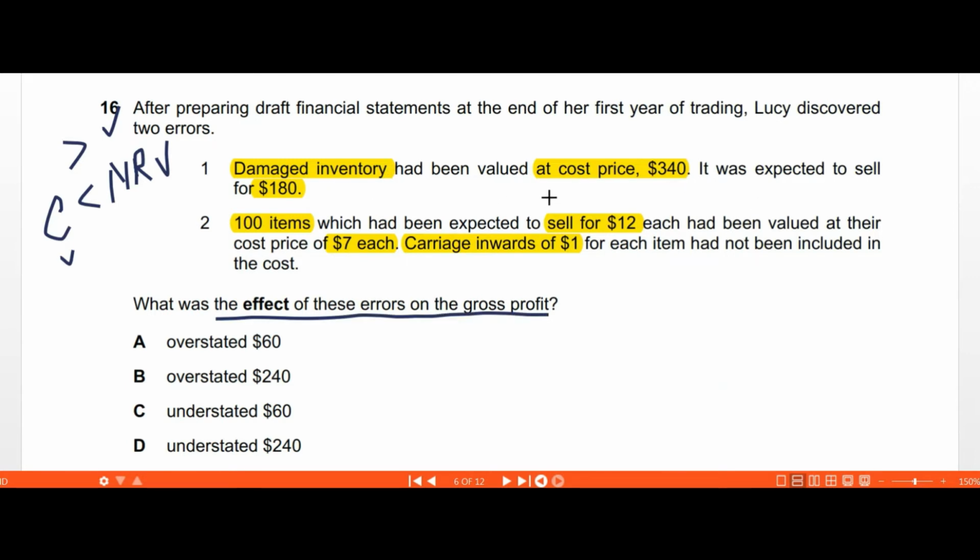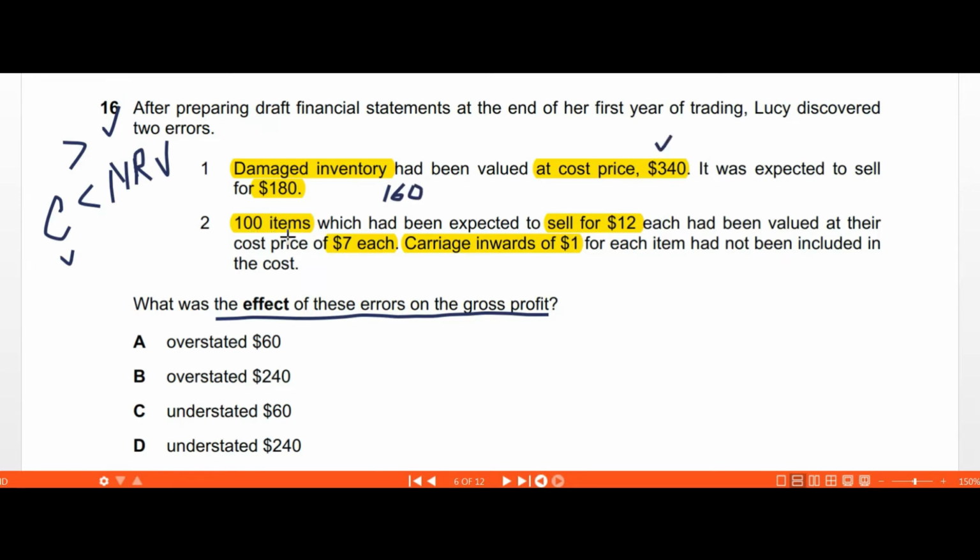So on the first one, what has happened is that the cost price is 340, it was expected to sell for 180, so that means that they have overstated their closing inventory by the difference. So if we simply take out the difference of 340 and 180, because we know that the net realizable value is 180, they're overstating it by 160 if they're recording it as 340 in their accounts.